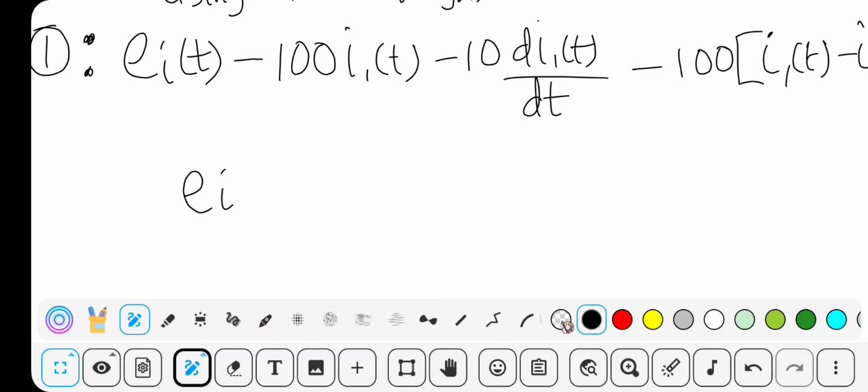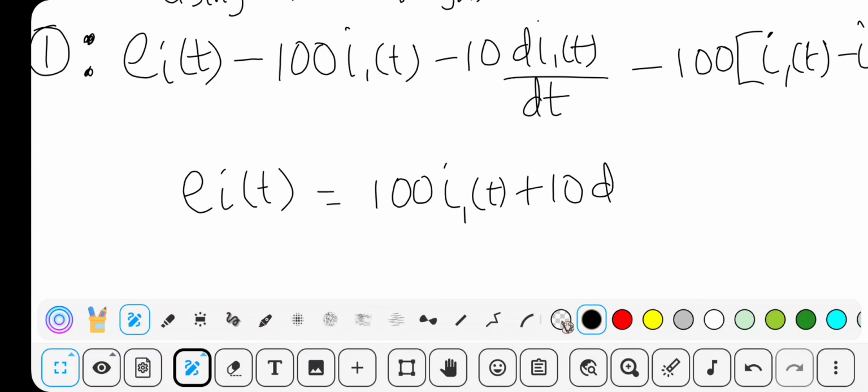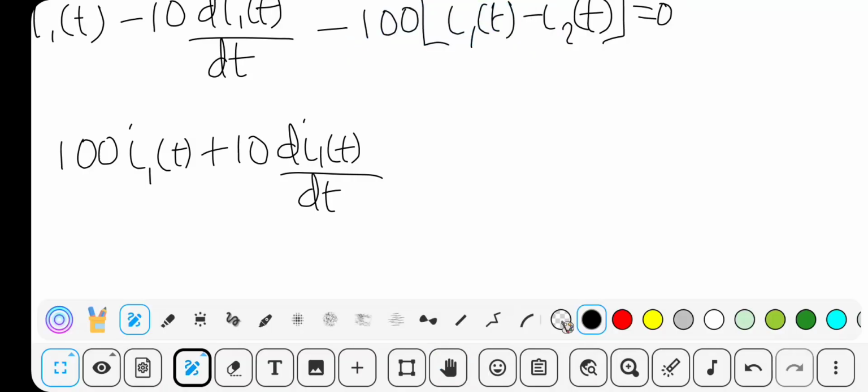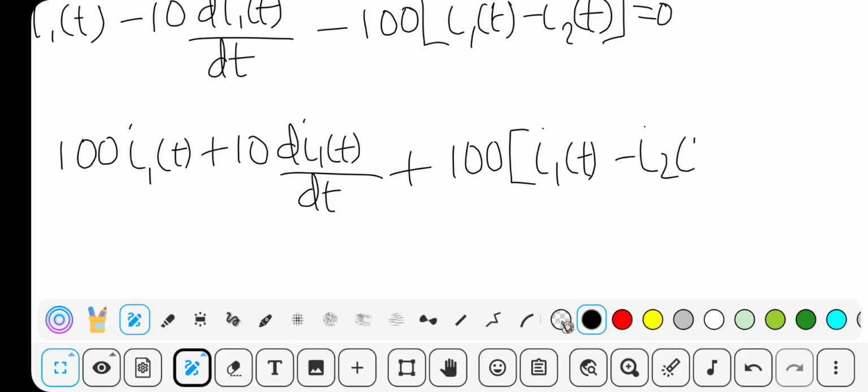Making the subject, you have the source voltage plus 10 dI1(t)/dt plus 100 times I1(t) minus I2(t). Call this equation 1.